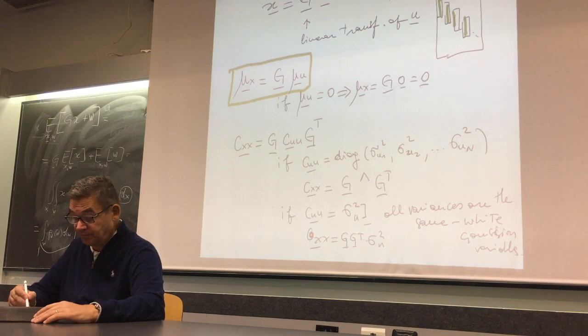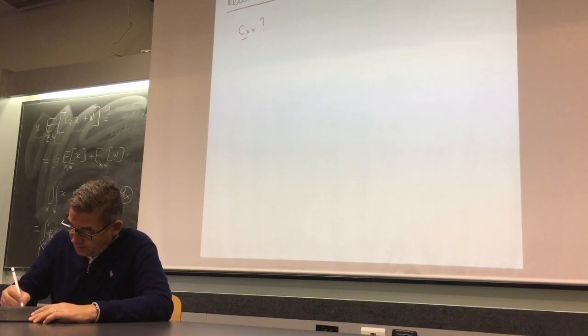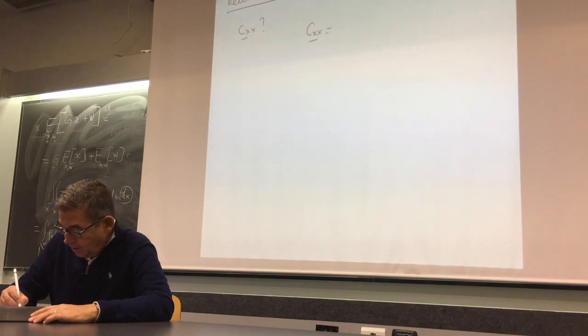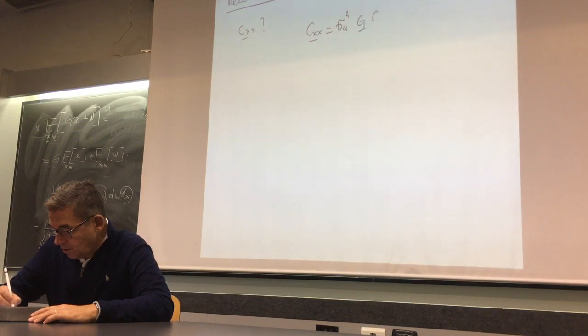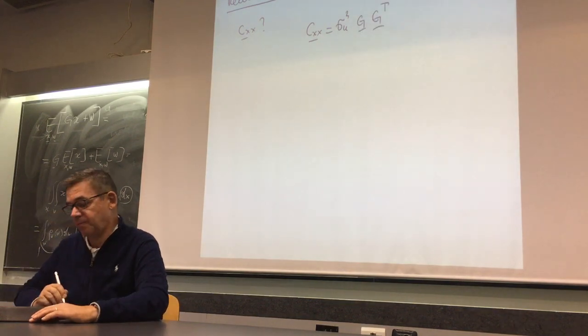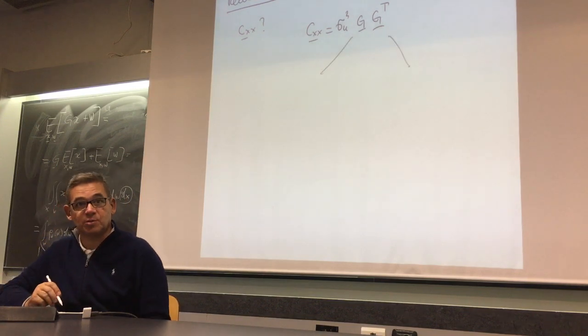Let's go together. So CXX in this case is sigma squared u multiplied by G and G transpose. Okay. Now, what I want to analyze are these G and G transpose.